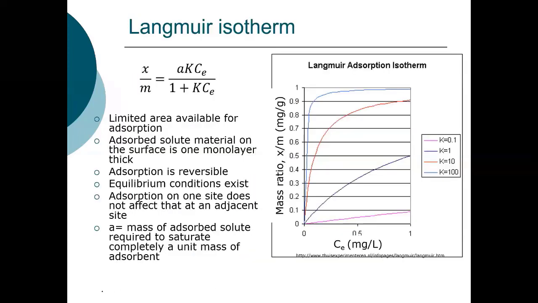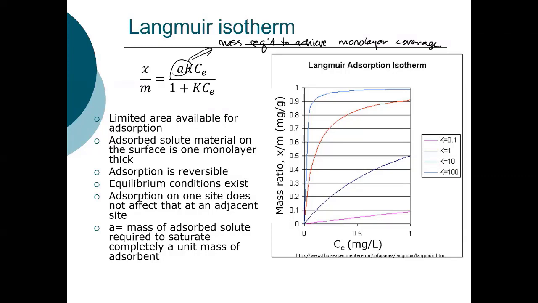So as I mentioned, the Langmuir isotherm is thermodynamically derived. And this A term here is related to the mass required to achieve monolayer coverage. If you think about these sorbents that we talked about, much of it is actually going to be in the porous structure.